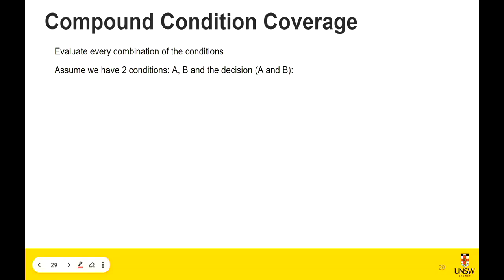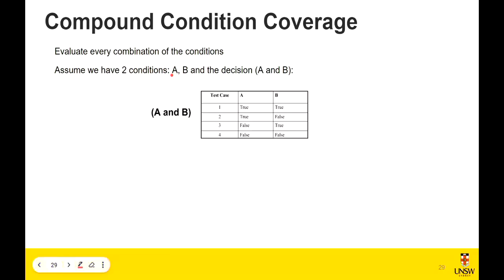We actually need 2 to the power of 2 test cases. The first 2 is because every condition can take true and false. The second 2 is because we have 2 conditions. So we need 2 to the power of 2, that is 4 test cases to cover all the combinations for this decision.